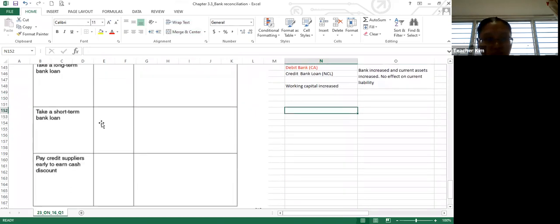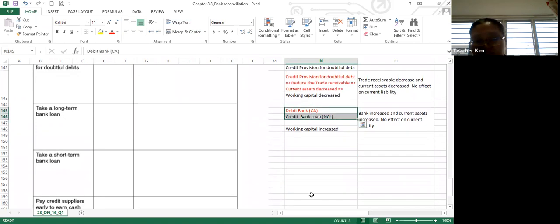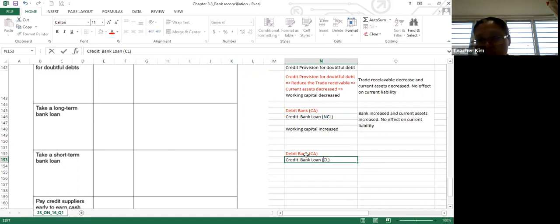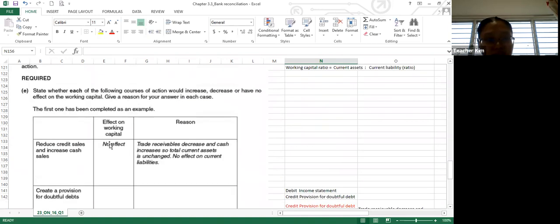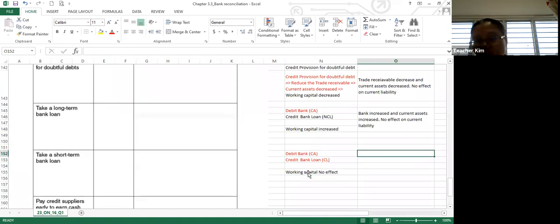Okay. Whereas in here they say take a short-term bank loan. This short-term bank loan refers to the current liability. This one increases, this one also increases. Both increase, so working capital has no effect. See how they put it in, they say no effect. Why is there no effect?